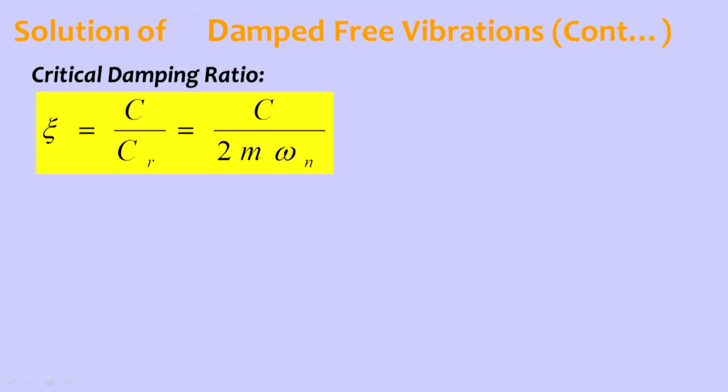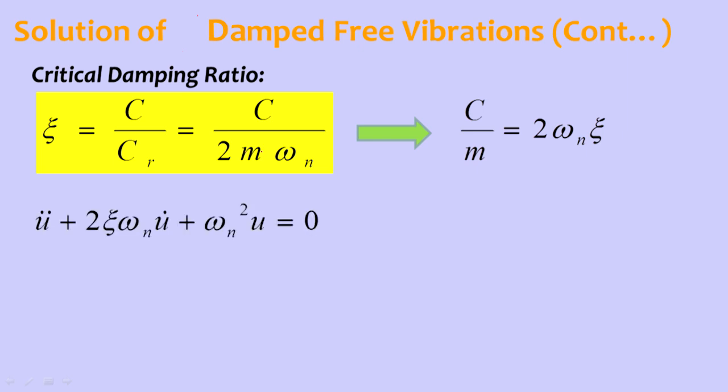So the critical damping ratio zeta equals C by Cr, which equals C by 2 m omega n. That gives us C by m equal to 2 zeta omega n, so we substitute C by m as 2 zeta omega n.